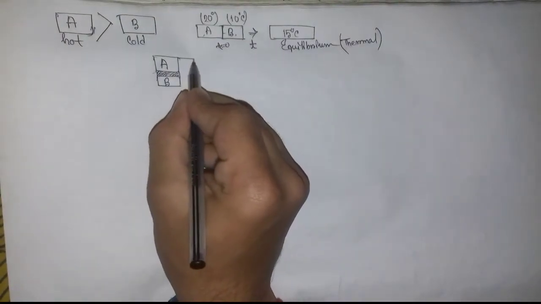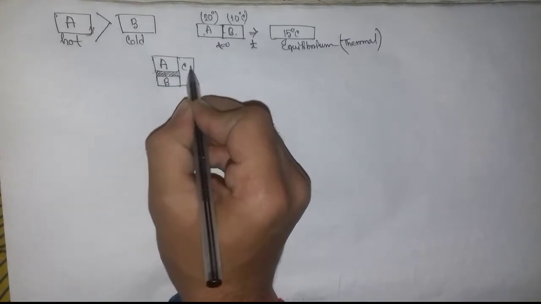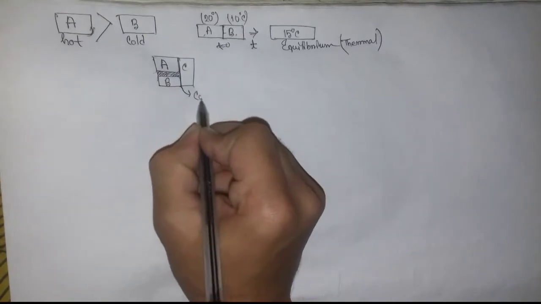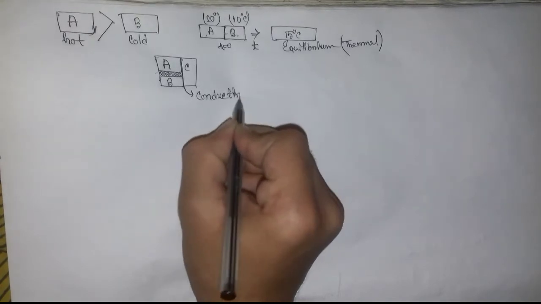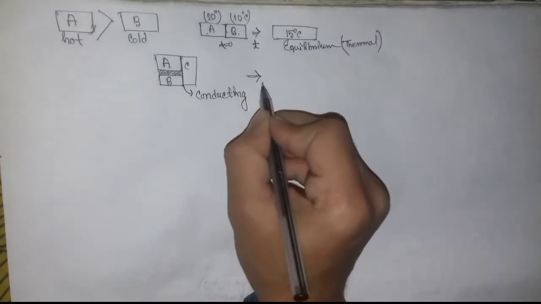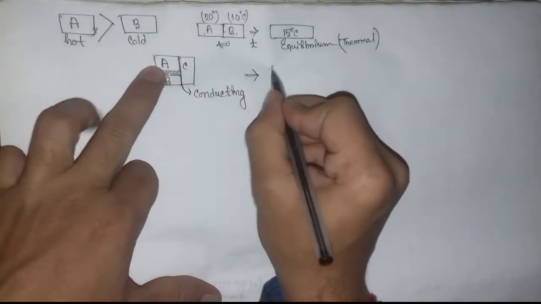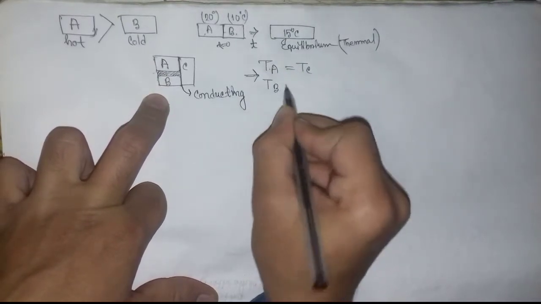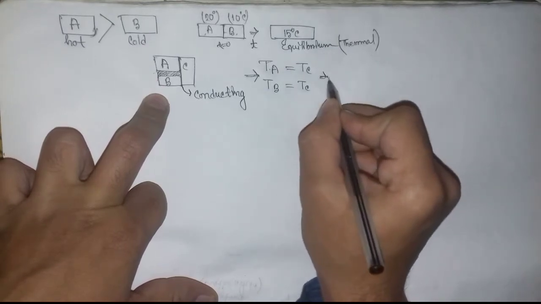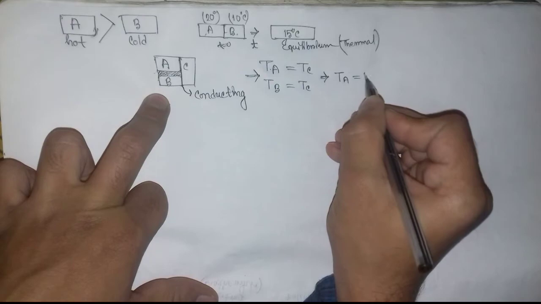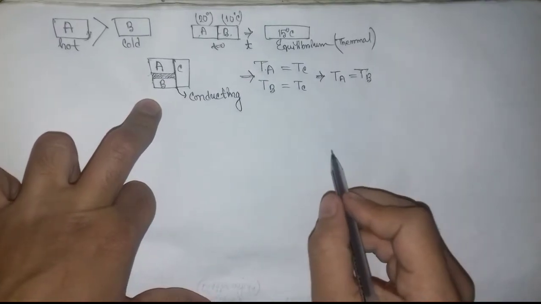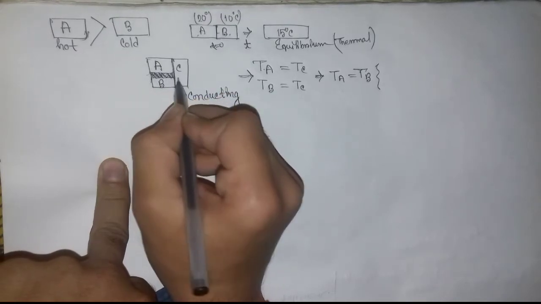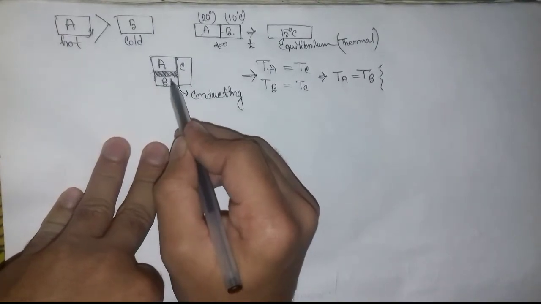And if we make contact between them and another system called C, and the nature of this wall is conducting, after equilibrium is achieved you will see that the temperature of A becomes the temperature of C and the temperature of B becomes the temperature of C, and you will also find that the temperature of A becomes the temperature of B. But we don't have any direct contact between system A and B, although system A and B achieve equilibrium.